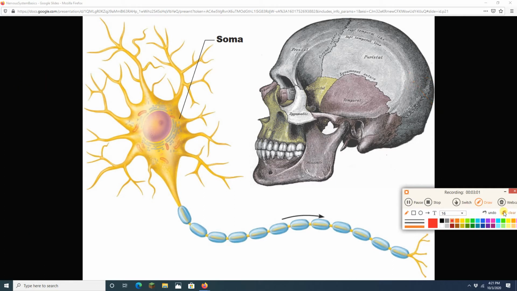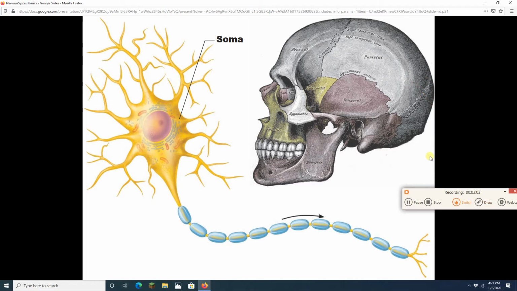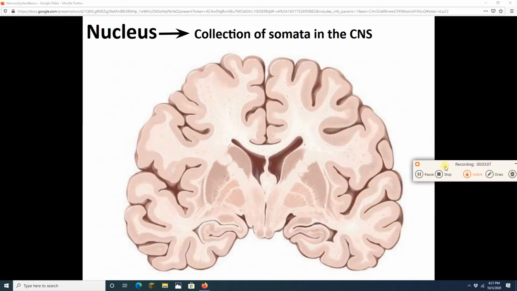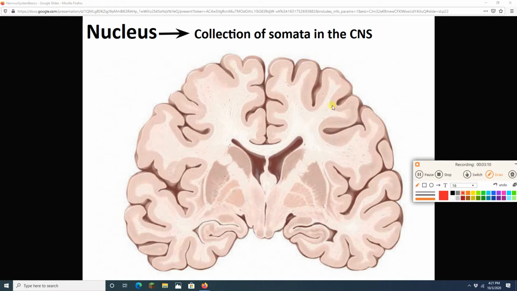Okay. All right. Now, when I look at a brain, which I am doing right here, this is a frontal section of a brain right here. The brain will contain areas that are basically collections, groupings of somata, collections of cell bodies.